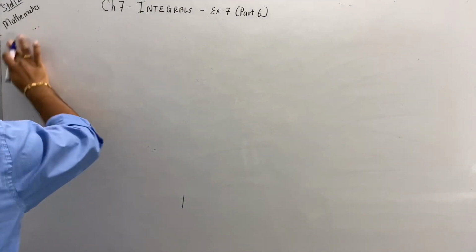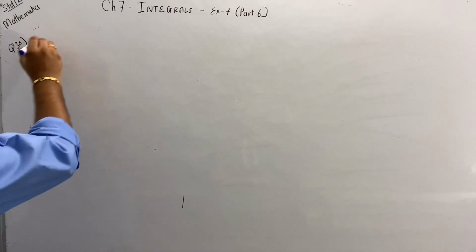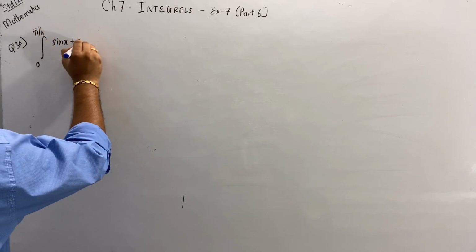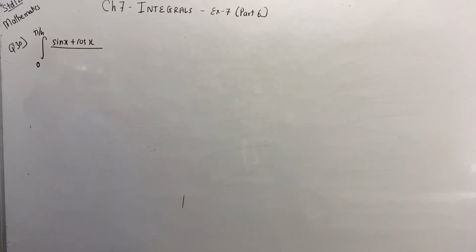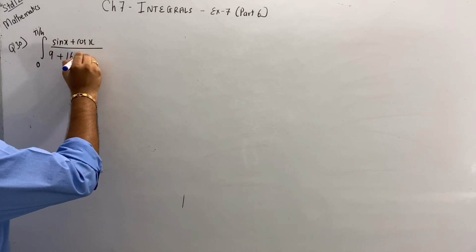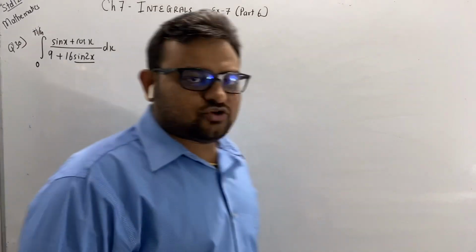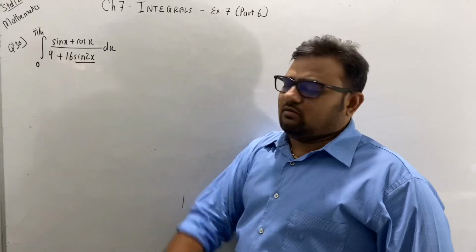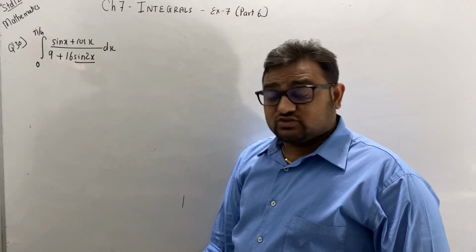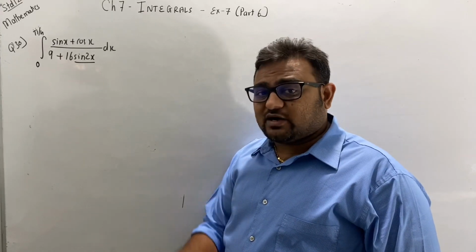Question 30 is the integral from 0 to pi by 4 of dx upon 9 plus 16 sine 2x. See, again, it's sine 2x in the denominator. So we will solve it using the method that we used in question number 28. This can also be asked for 4 marks.